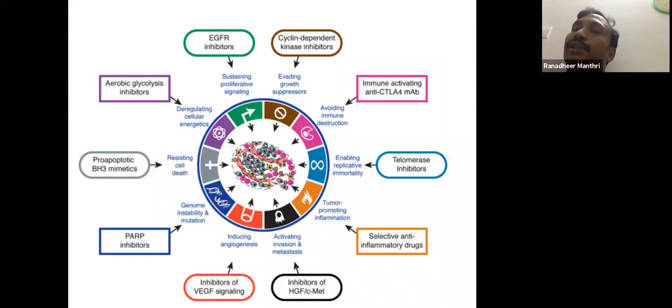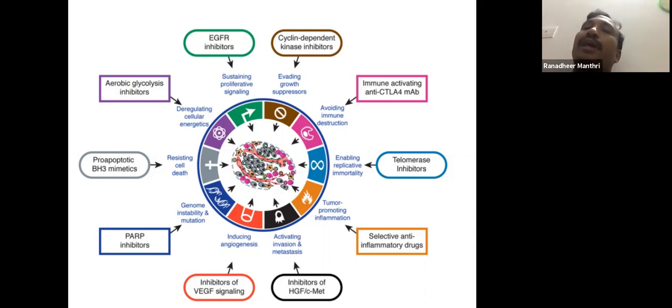Telomerase inhibitors, TERT, I have already talked about. They enable replicative immortality. Tumor inflammation, I have talked about. Activating invasion and metastasis, that is hepatocyte growth factor, I spoke about. I also spoke about CXCR4. Inducing angiogenesis, I spoke about inhibitors of VEGF signaling. Genomic stability, PARP inhibitors.